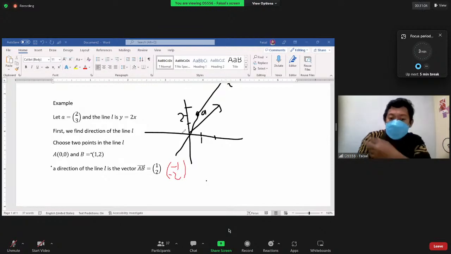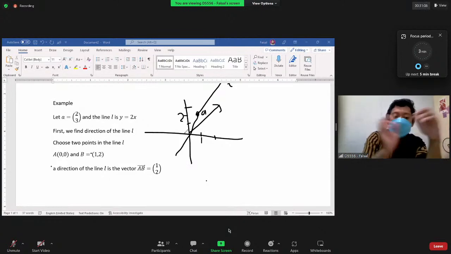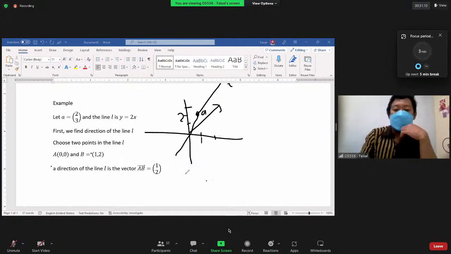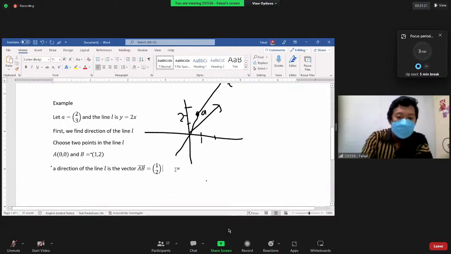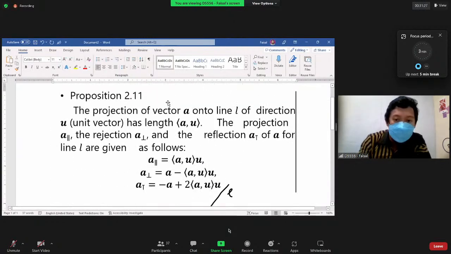Because a direction means a vector parallel to the line, and there are so many vectors parallel to the line. But we choose only one for computation.